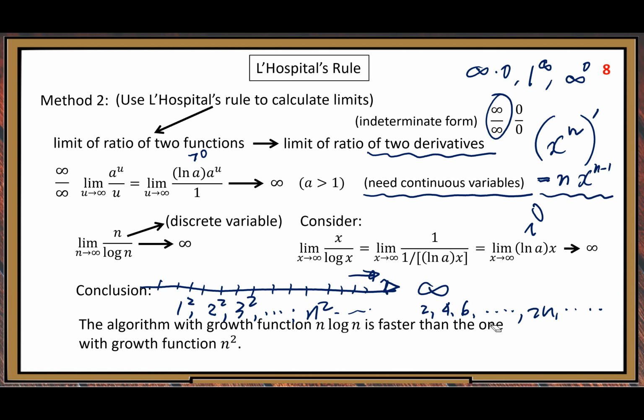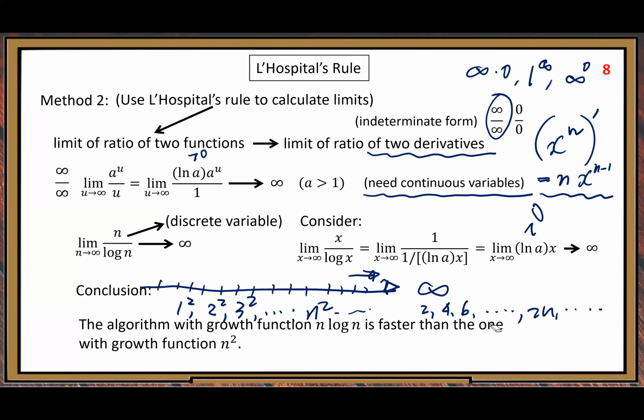So that means we should take method number 2 for this question. For this algorithm, doing sorting is better than not doing sorting.